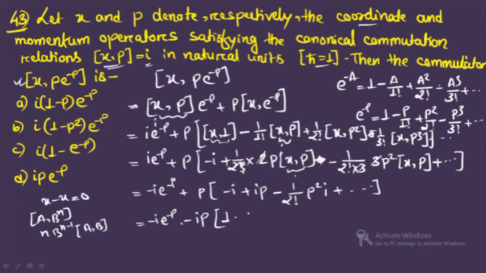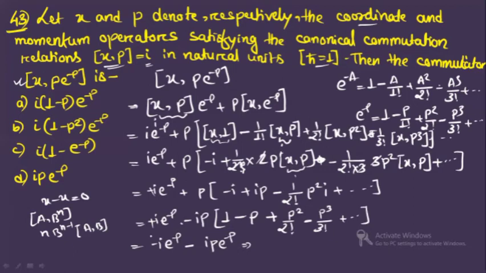Here it will become 1, this will become minus p, this will become p square by factorial 2 plus, and here you will have p cube by factorial 3 plus, and it will go on. So if you see this term, this is the exponential of minus p. So you will write minus I e to the power minus p minus ip e to the power minus p, which can be written as, if you take from this entire case, this is not minus, this is positive only. I don't know why I added a minus sign here.